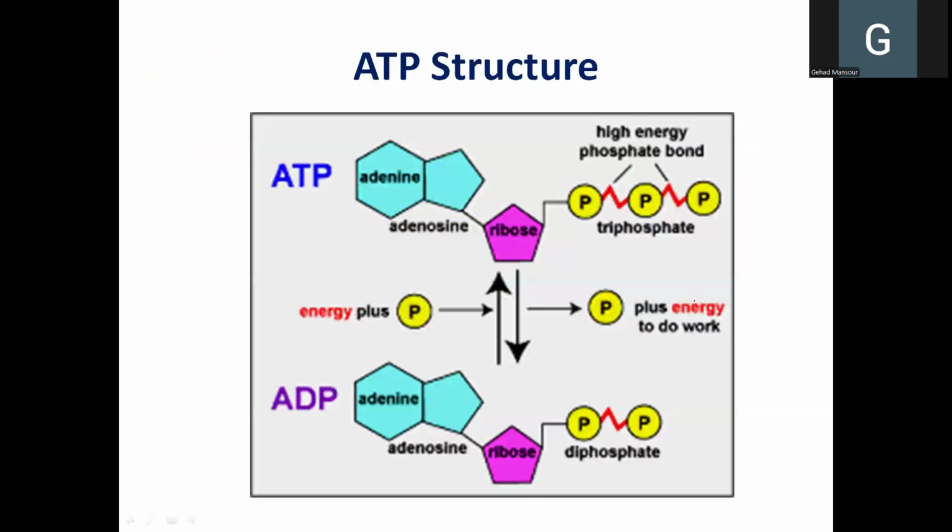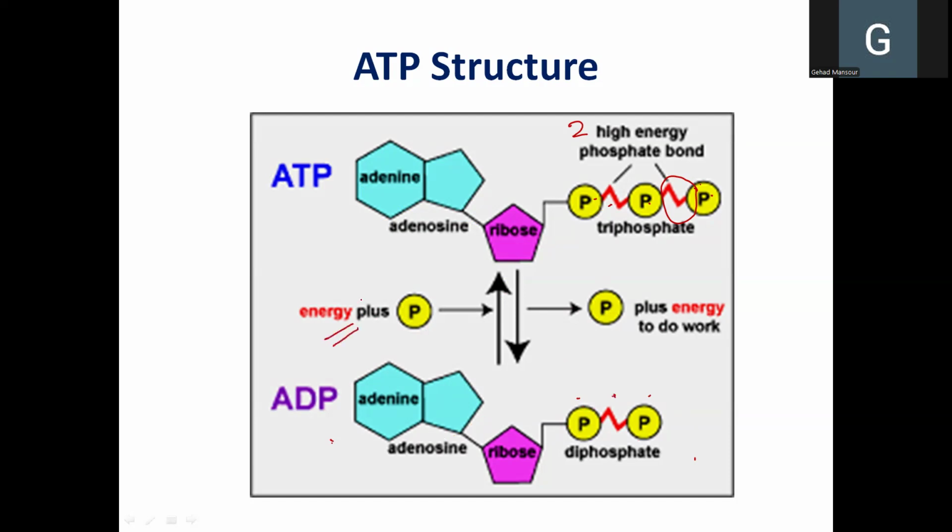And this is again the ATP structure, and we can see that we have 3 phosphate groups enclosing 2 high energy phosphate bonds, but it is worth mentioning that the outer one has more energy than the inner one. And this is adenosine diphosphate, so you have only 2 phosphate radicals with a high energy bond.